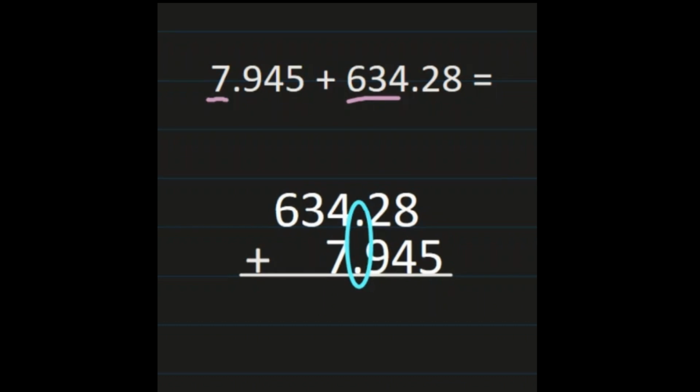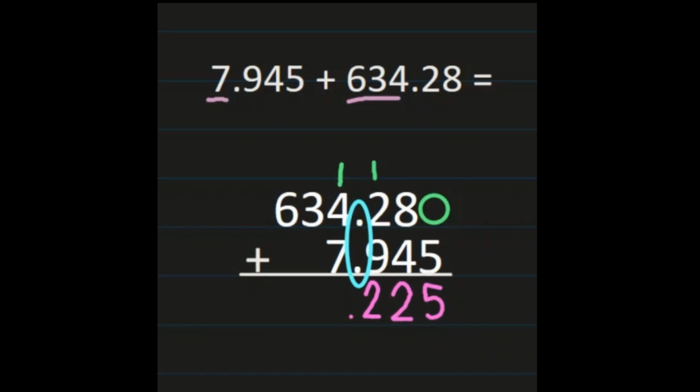And I also noticed that above the 5, I have a space. I can put one of those placeholder zeros there in order to keep my digits lined up to start adding. So 0 plus 5 is 5. 8 plus 4 is 12. I'll carry the 1. 9 plus 2 plus 1 is 12. I'm going to put my decimal point in my sum, keeping everything lined up.